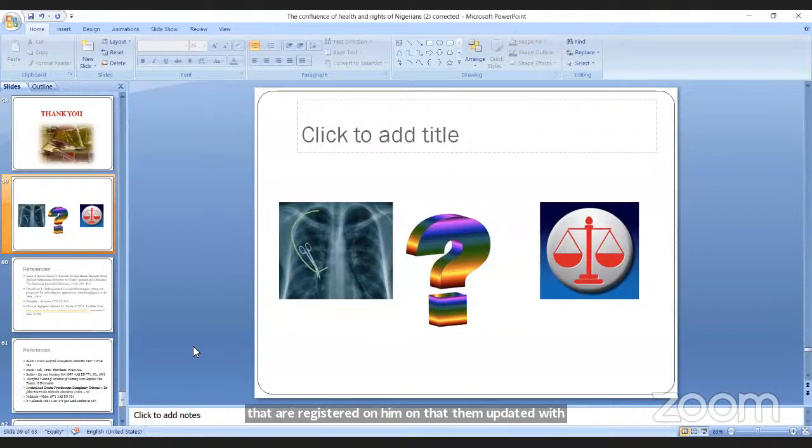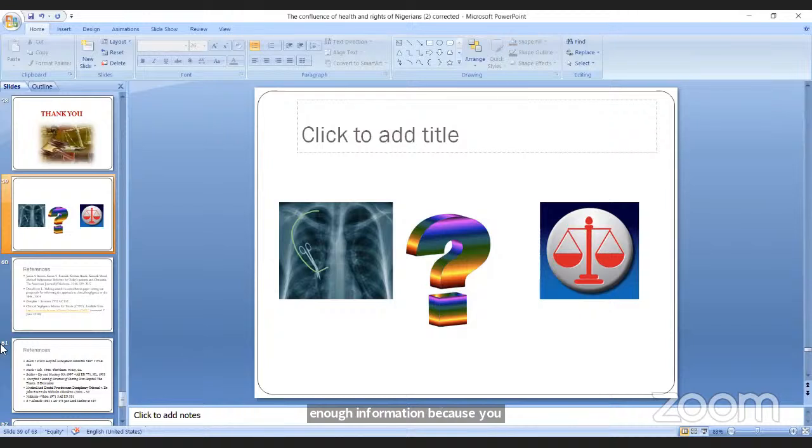Because if the doctors keep renewing their medical license every year or every 5 years, and NMA is not updating them with the latest information, I think the doctors can actually say that it's the fault of the NMA for not giving them enough information, because it is assumed that you've gotten enough information to practice as a doctor.